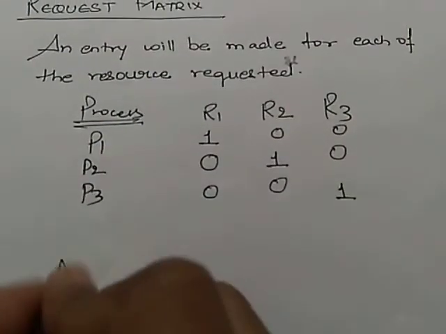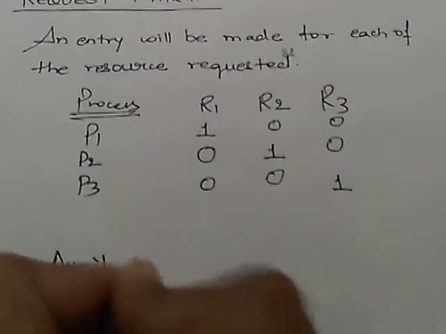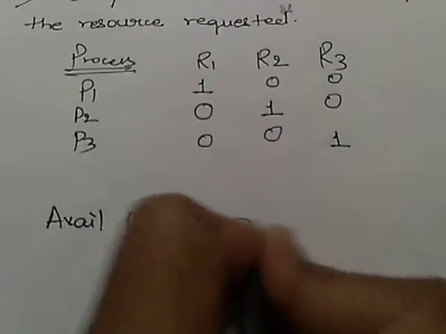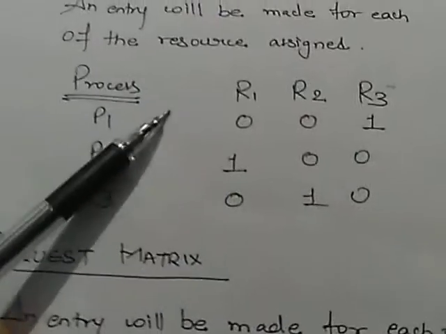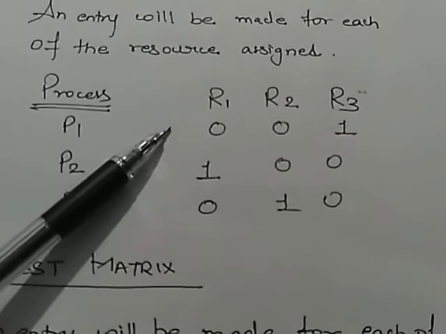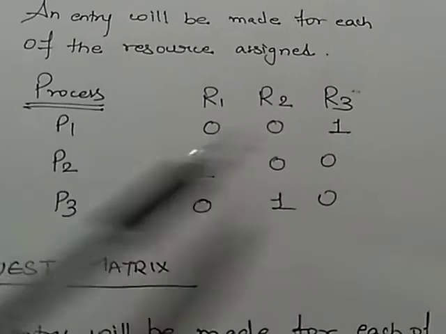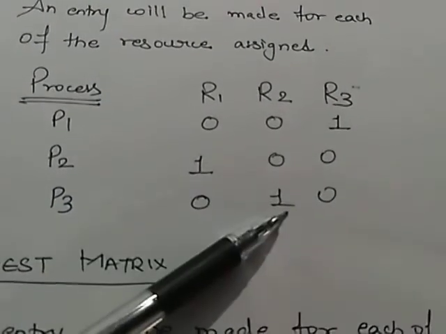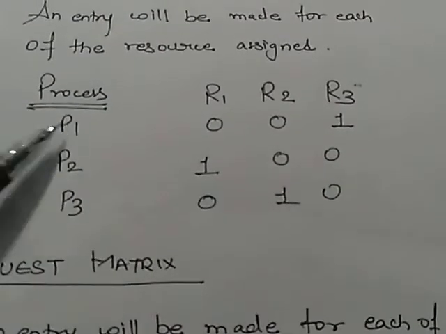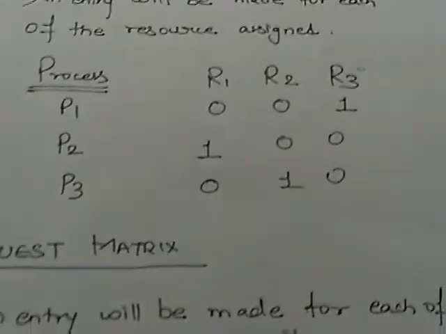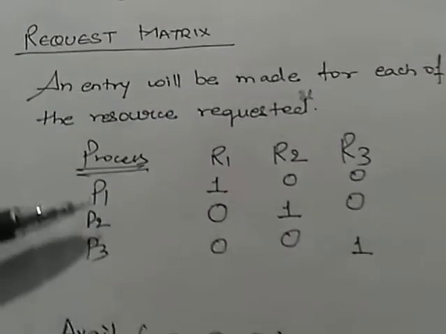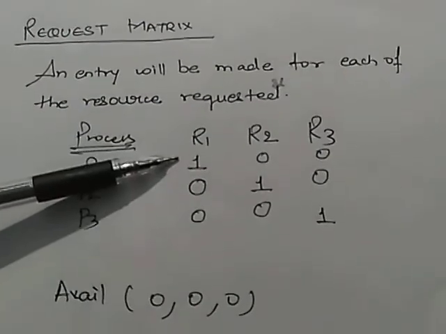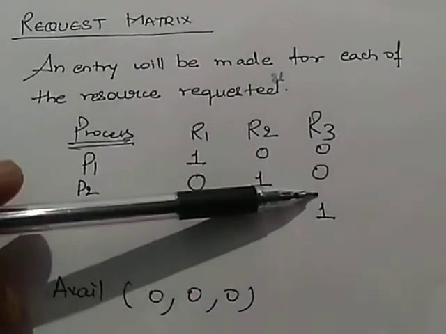Now the availability is 0, 0 and 0. As we have seen in the allocation matrix, all the resources are acquired by the processes, and in the request matrix each of the processes is requesting a resource.